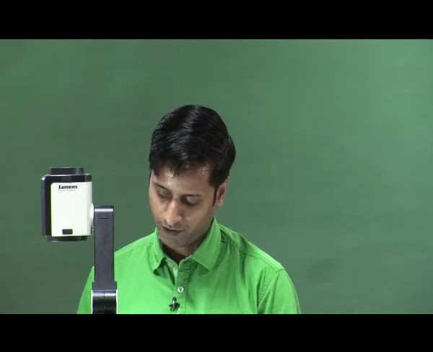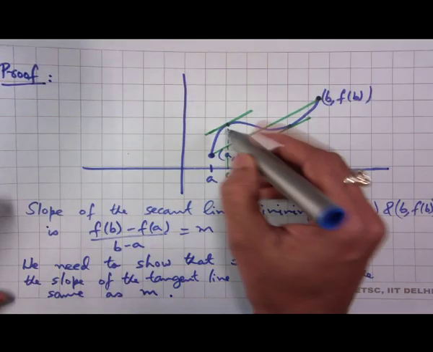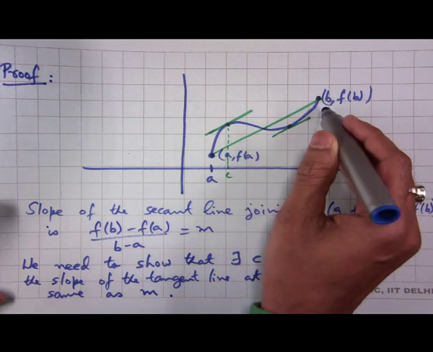So, what we want is that f prime c is equal to this slope.